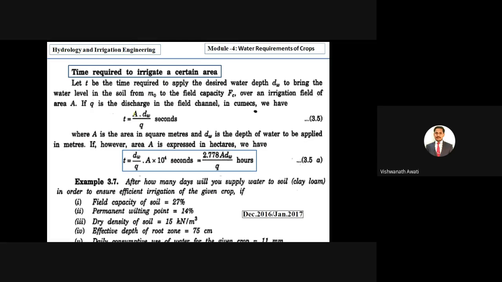Next, the time required to irrigate a certain area. So how much time is required? Let T be the time required to apply the desired water depth.